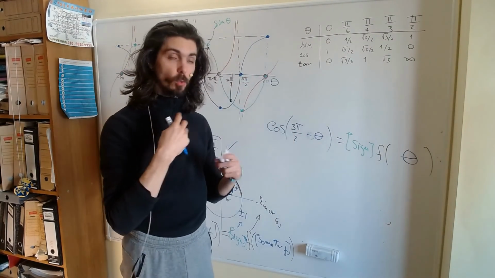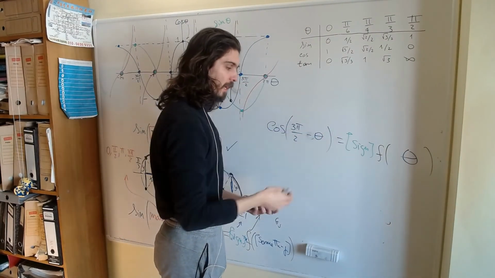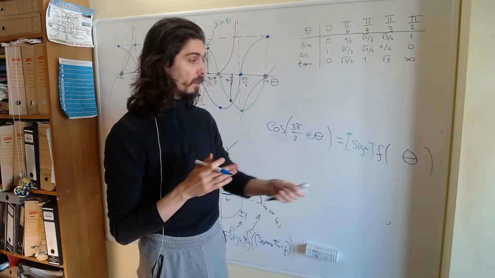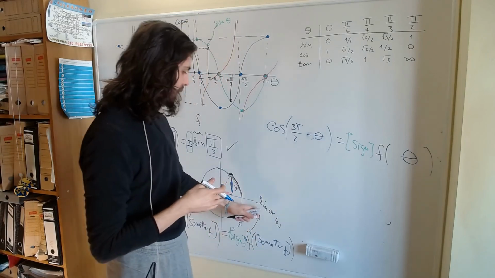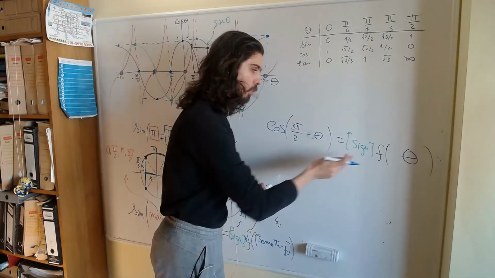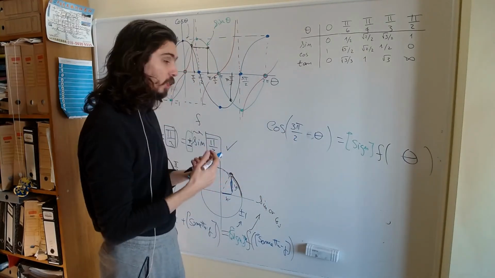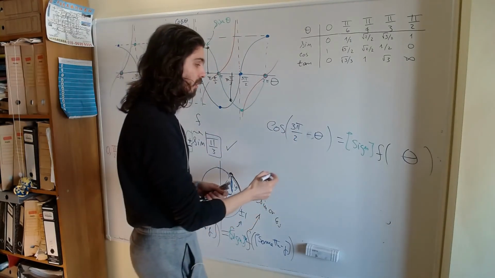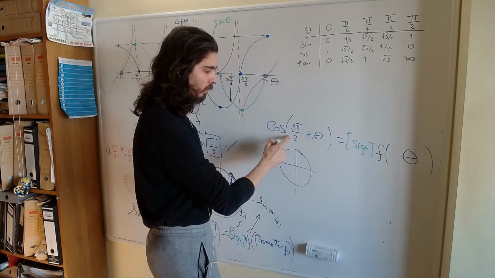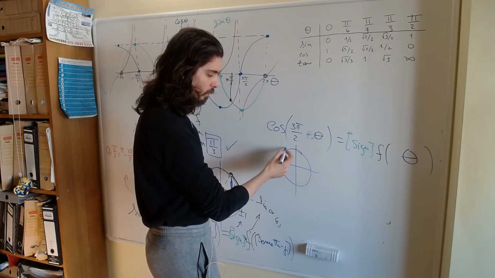So my goal is to reformulate this into something that I can compute. Well, the sine could either be plus or minus 1. F could either be sine or cosine. How am I going to find out each one? Well, you make a picture. This is an exercise in geometry. So you start by marking 3 pi over 2. 3 pi over 2 is go up to here.